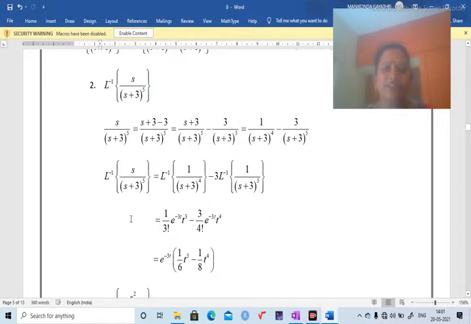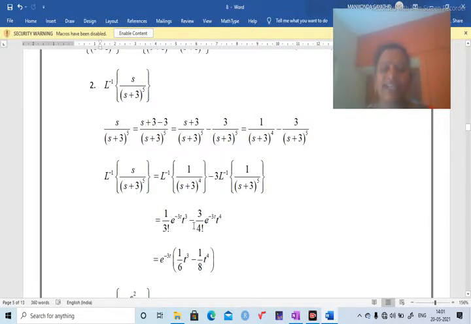Again, by using the first shifting property, taking L inverse on both sides. So here by using the shifting theorem, plus 3 is there, that's why e power minus 3t. Then afterwards we have L inverse of 1 by s power 4, that means n equal to 3, so t cubed by 3 factorial.